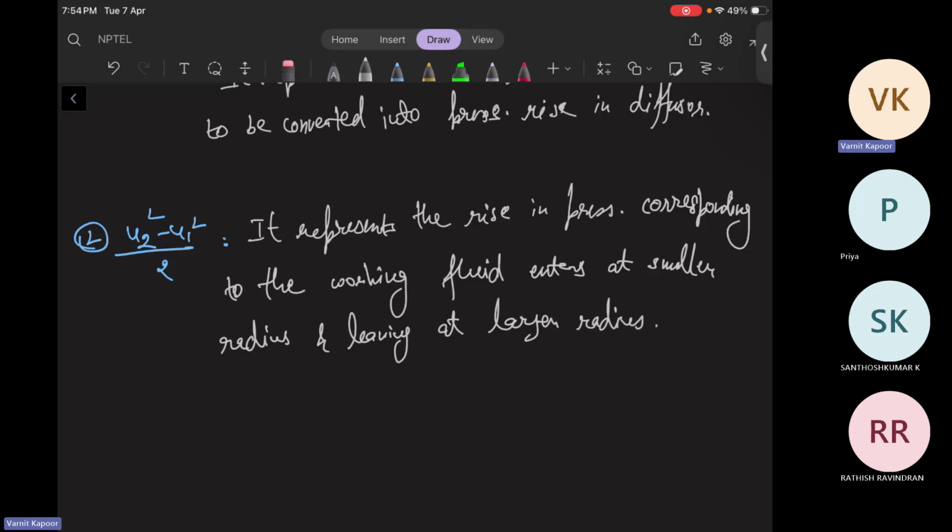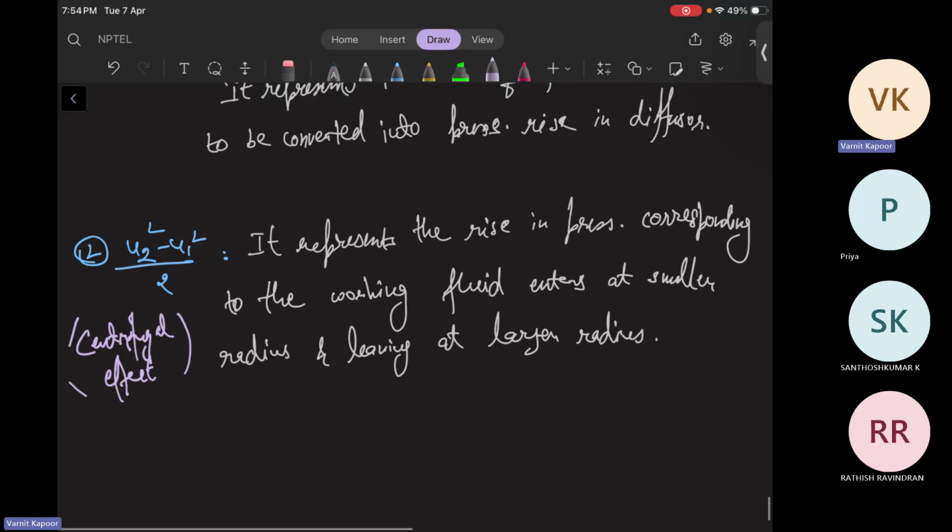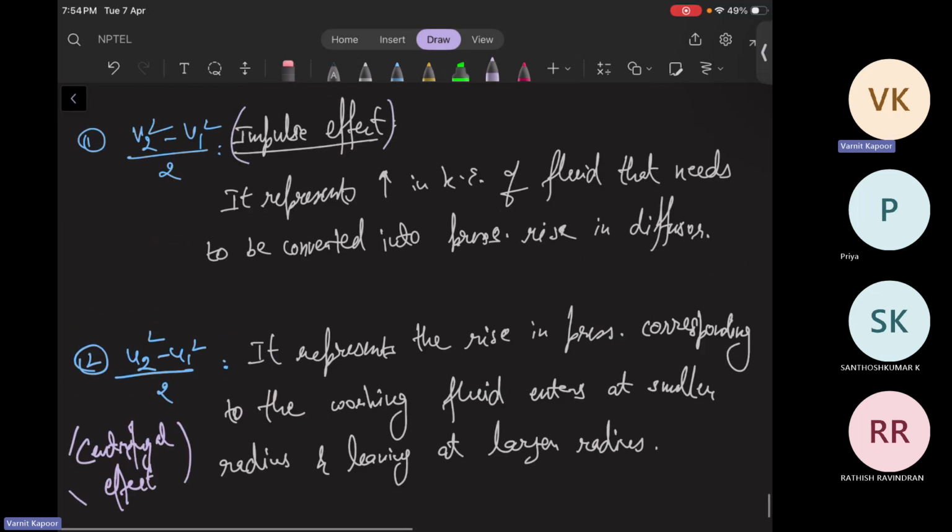Okay, so this is nothing but your centrifugal effect. This was your impulse effect.